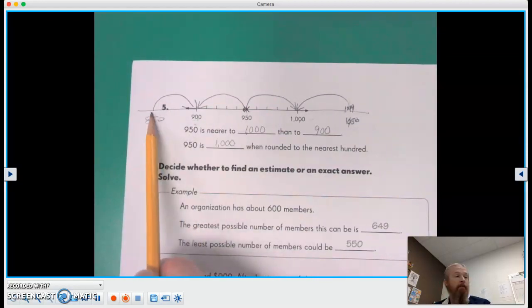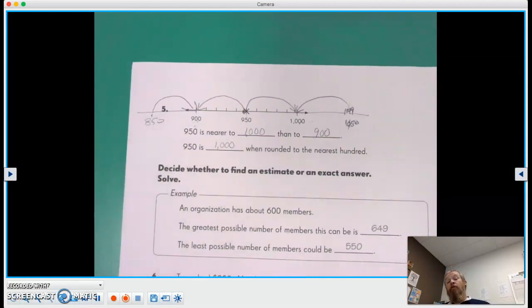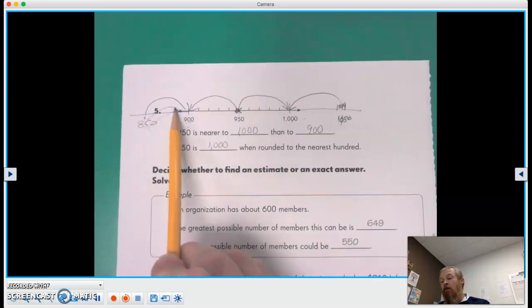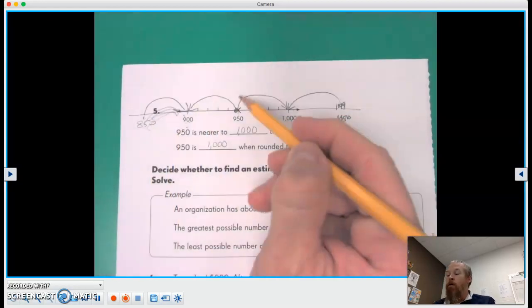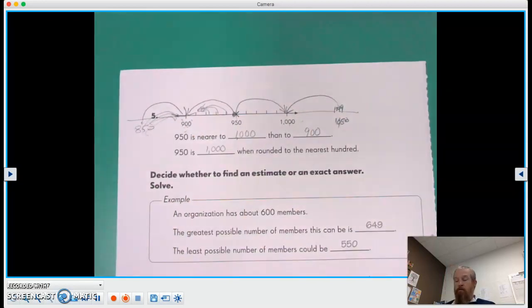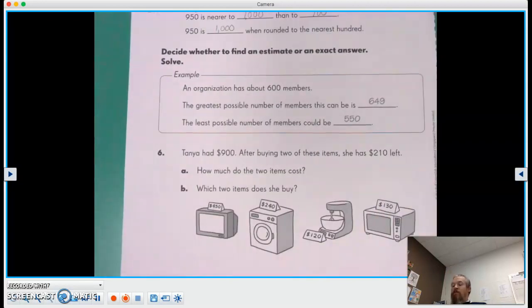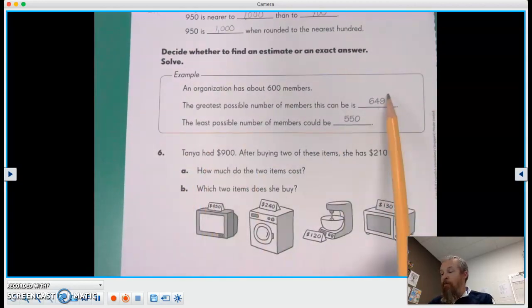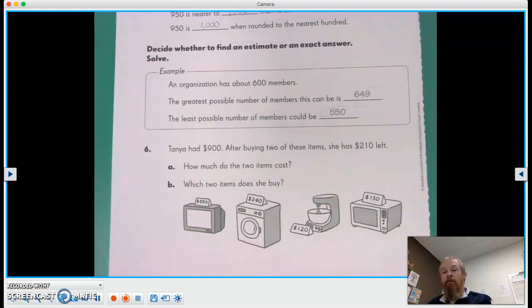So we have to figure everything that can be rounded up. 5 or more raise the score has to all go up to 900. 4 or less let it rest all have to go down to 900. Okay? So that's why we have 649 and 550.